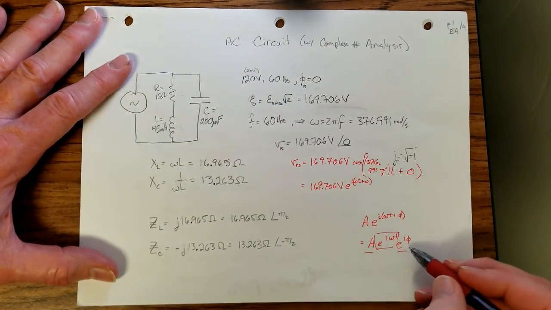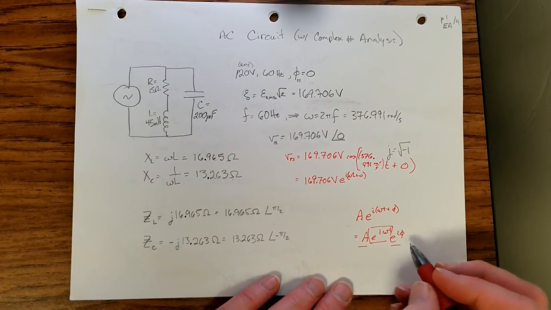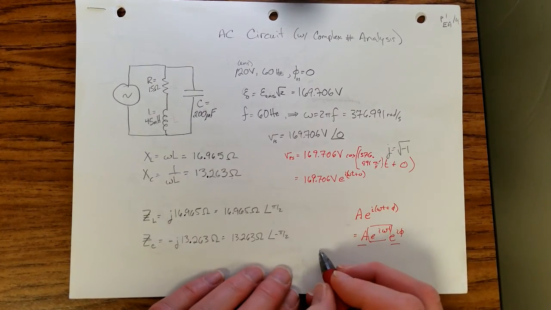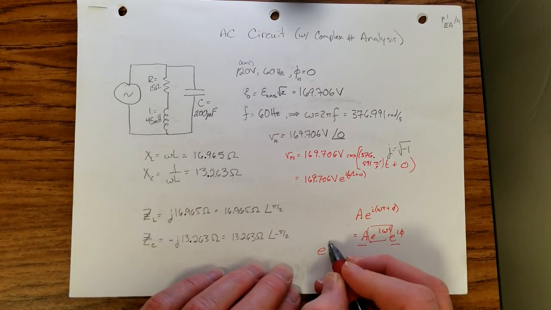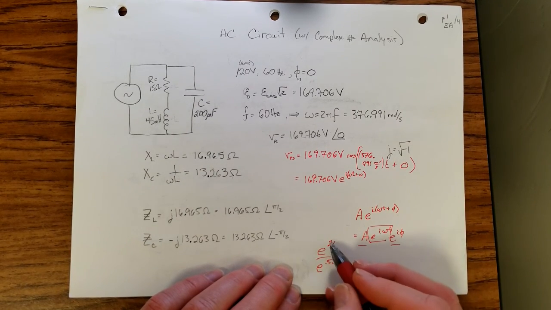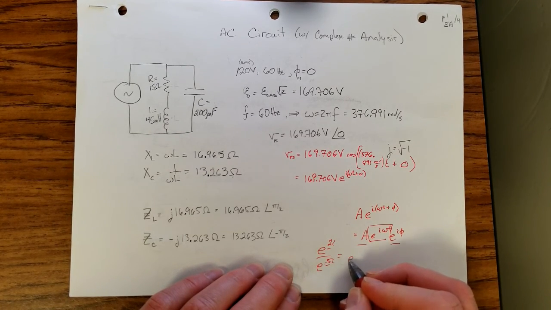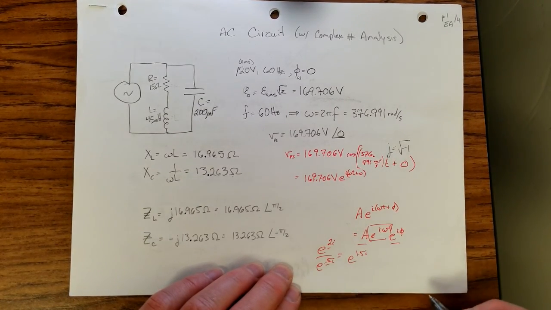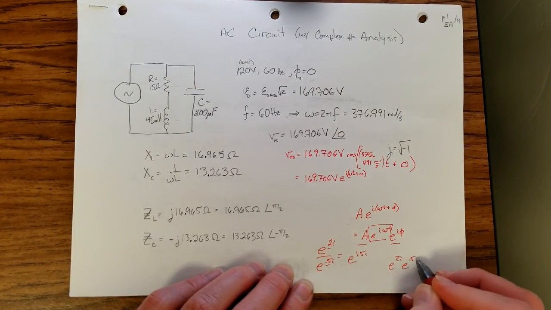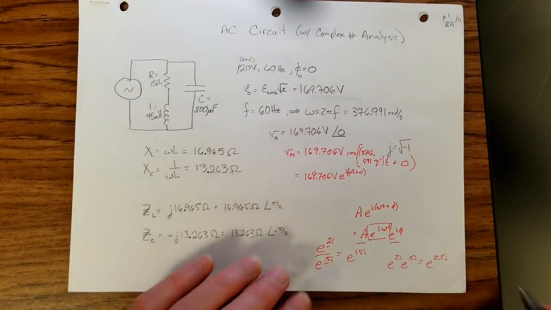This also allows us, when we're dividing quantities in polar form, to just subtract, or if we're multiplying, to just add. For example, e to the 2j over e to the 0.5j, you would just subtract, and that'd be e to the 1.5j. And e to the 2j times e to the 0.5j would be e to the 2.5j.